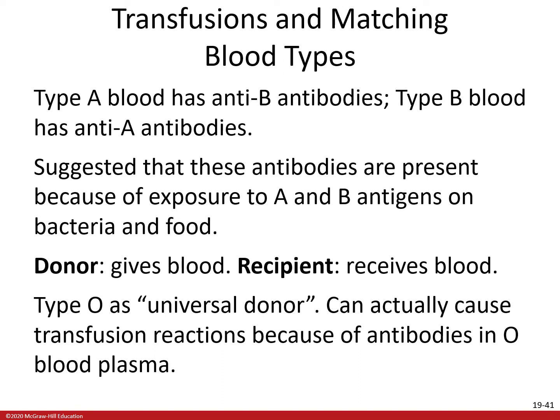O can actually cause transfusion reactions because of the antibodies in blood plasma, but a lot of times they will take the plasma out of the transfusion if they are able to, I believe. So that's usually not really the biggest problem there.